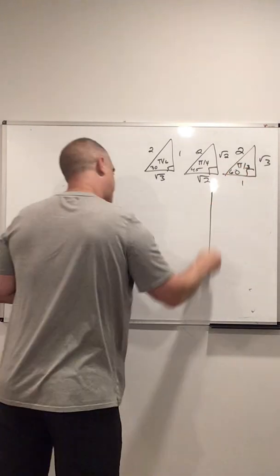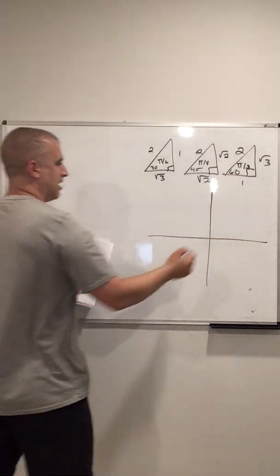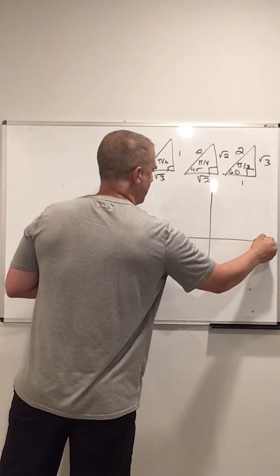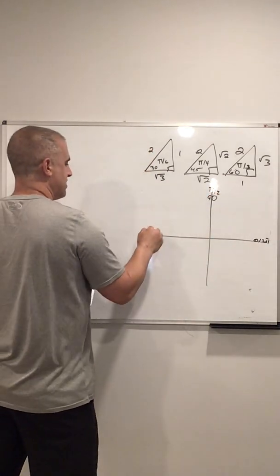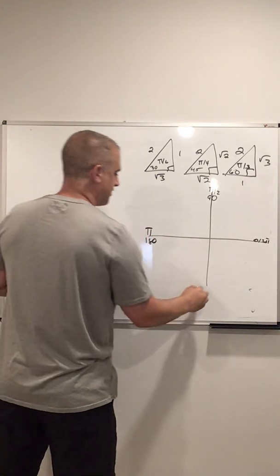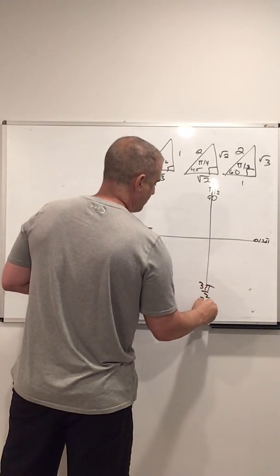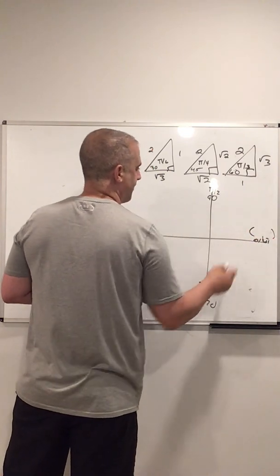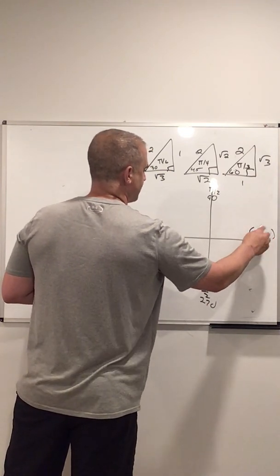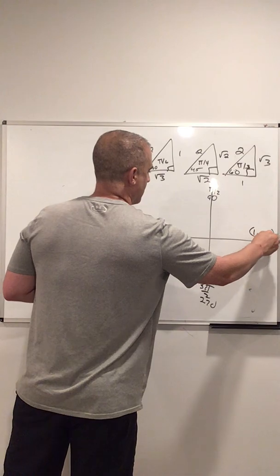Now, as far as the unit circle goes, we know this is 0 to 2 pi. This is pi over 2 and 90. This is pi and 180. This is 3 pi over 2 and 270. We know these important points for figuring out cosine, sine, and tangent: 1, 0, 0.